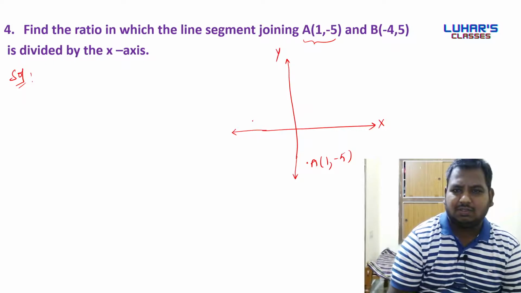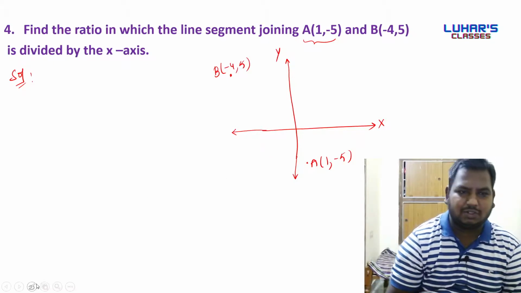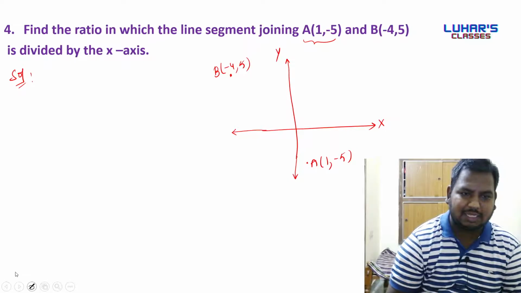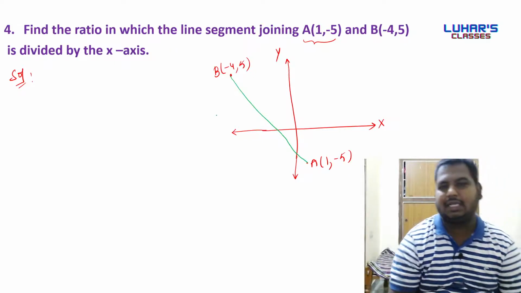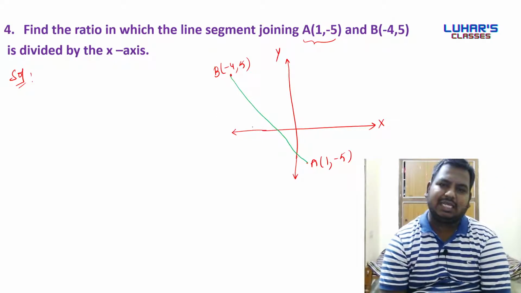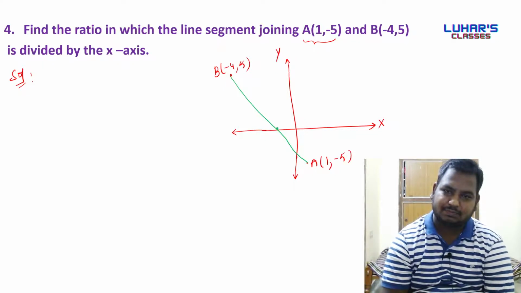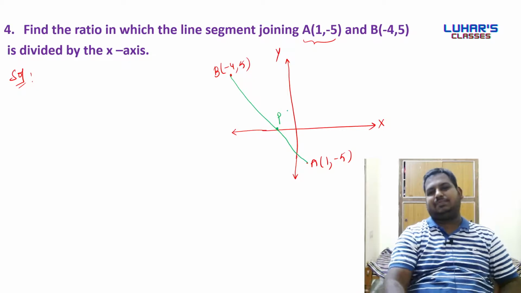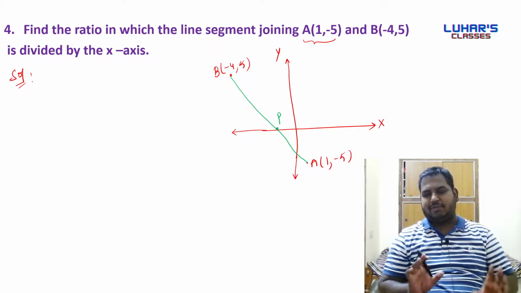Point B is minus 4 comma 5. If I join both the points, we get a line segment AB. This line segment AB is intersecting the x-axis at some point P.